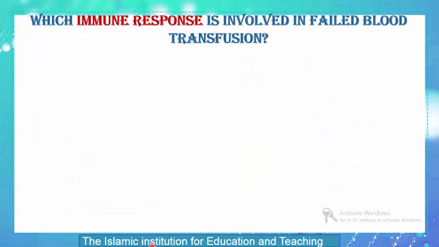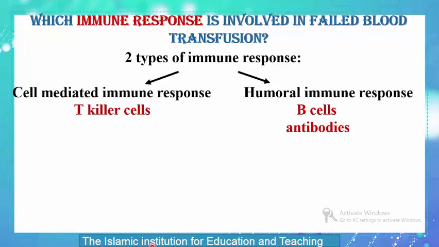Once we talk about the failure of a blood transfusion, a specific immune response is involved. What do you think? Which type of immune response is involved in the failure of a blood transfusion? To answer this question, remember that there are two types of immune response.